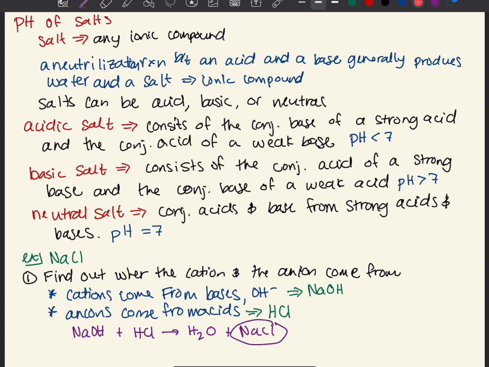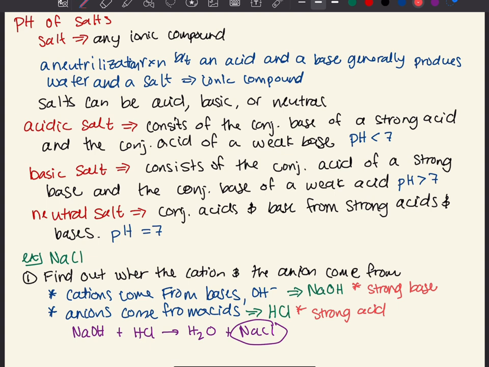Now, I know that sodium hydroxide is a strong base, and I know that hydrochloric acid is a strong acid. So neither of these ions are going to react with water and exist in equilibrium. They will completely dissociate.